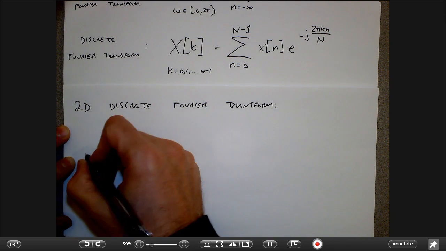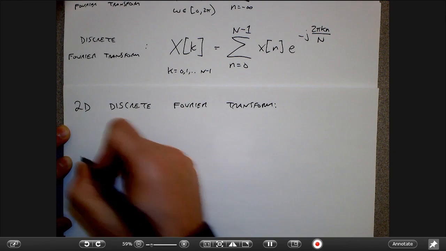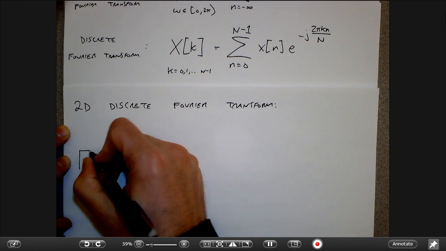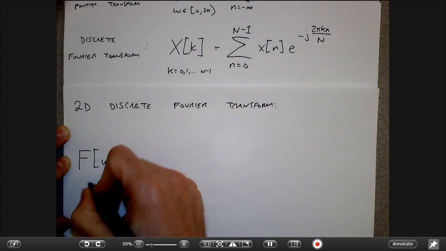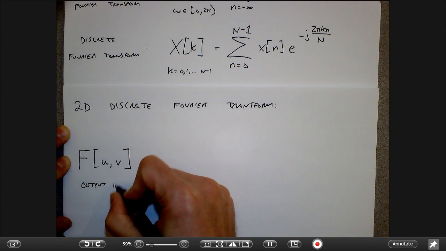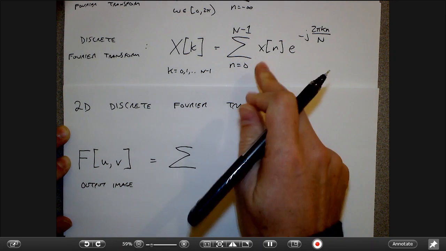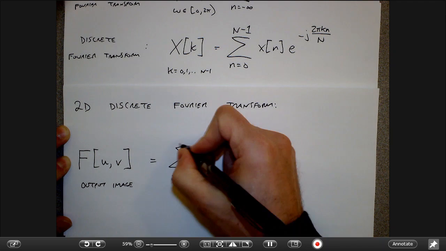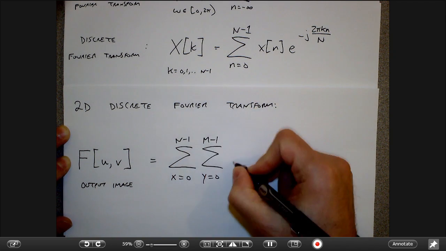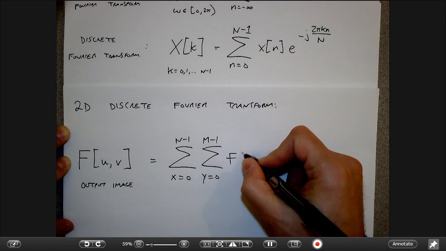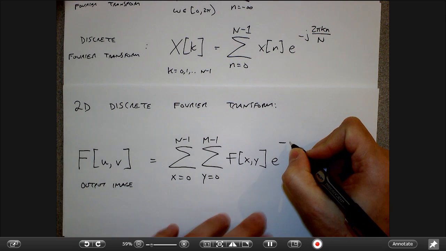Just to avoid confusion with x and y, let's call f the output image, and what we're going to do is sum over the x values and the y values of the input image, and we have to take these to this exponential.